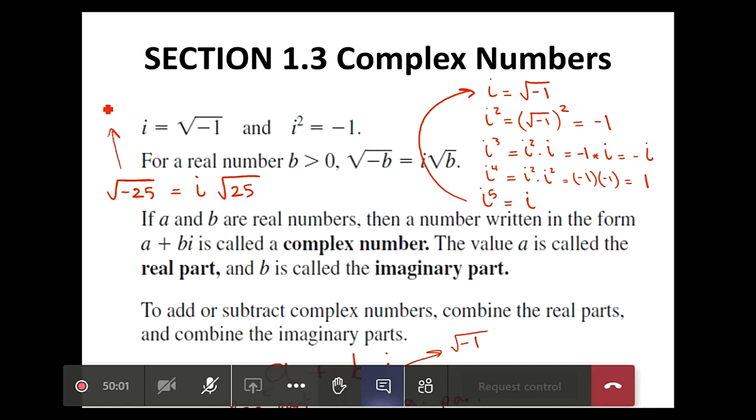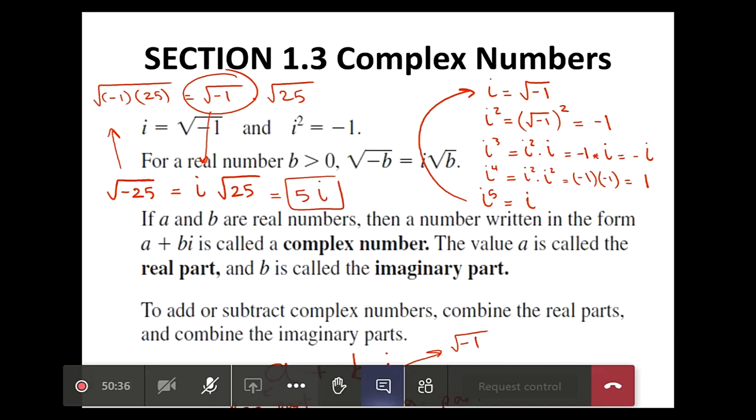Because we can write it as radical minus 1 multiply 25 and distribute the radical. What's the value of radical minus 1? This equals i. What's the value of radical 25? Equal 5. So we have 5i.